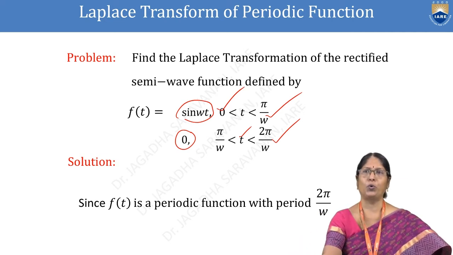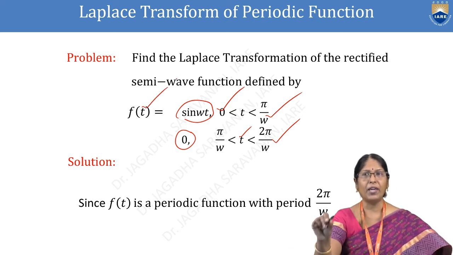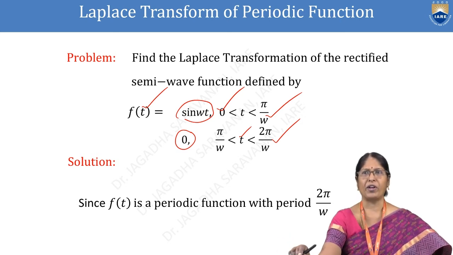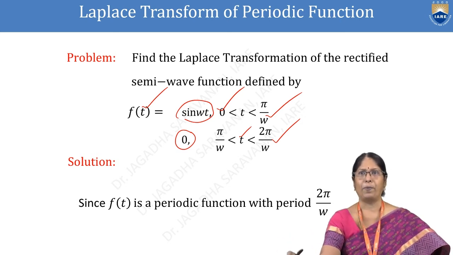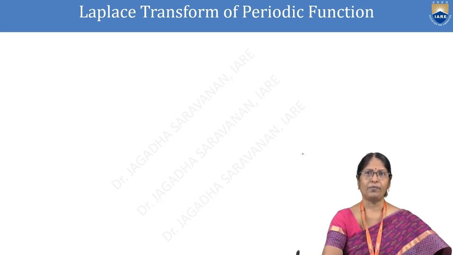So 0 to 2 pi. So our given function f of t is a periodic function. So the Laplace transform of a periodic function we can apply for this given problem.